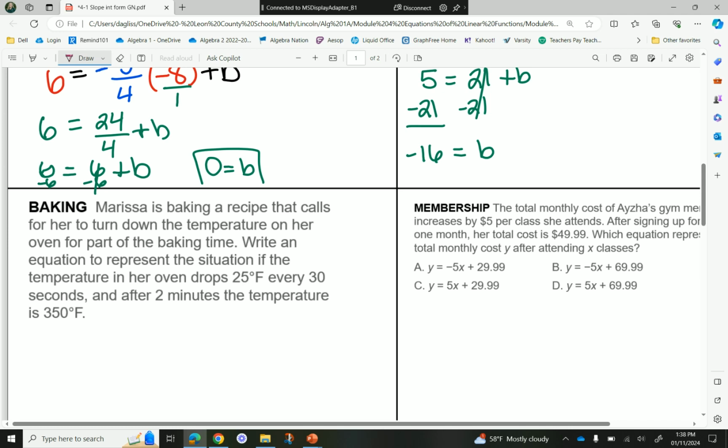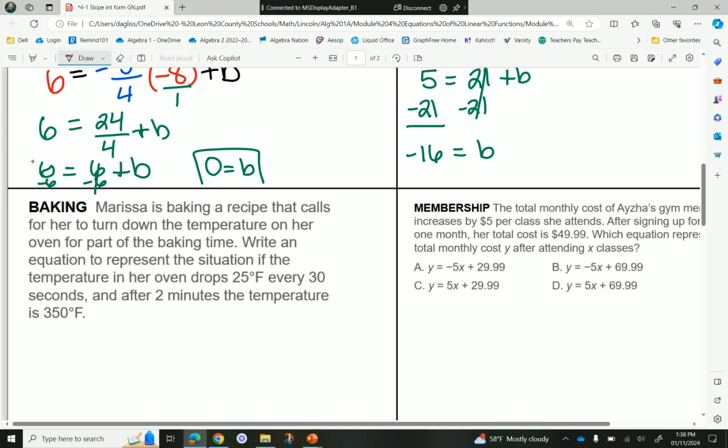How can I write what's happening with the oven? Do we know where it's starting? Well, we know how it's dropping, but we don't know where it's starting. It hasn't told us yet.